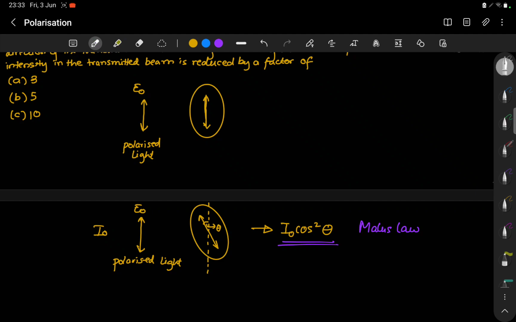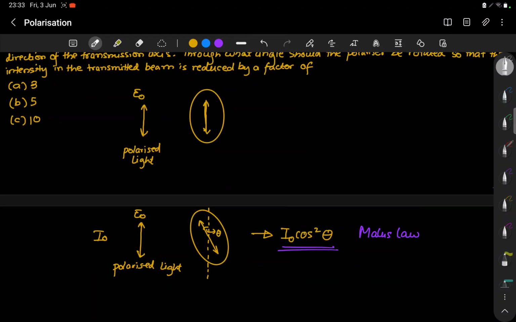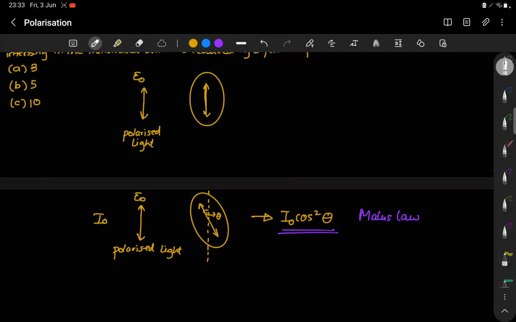So let us see what the question wants us to find out. We want the output intensity to be reduced by a factor of 3.